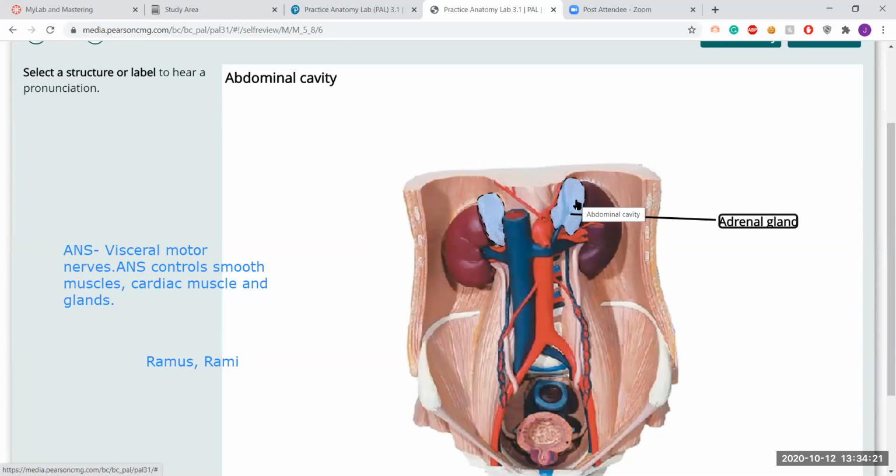Adrenal gland here. The adrenal gland is a gland above the kidney, on either side. And in the center of the adrenal gland is what we call the adrenal medulla. And the adrenal medulla is part of the sympathetic nervous system, which is one of the branches of the autonomic nervous system.